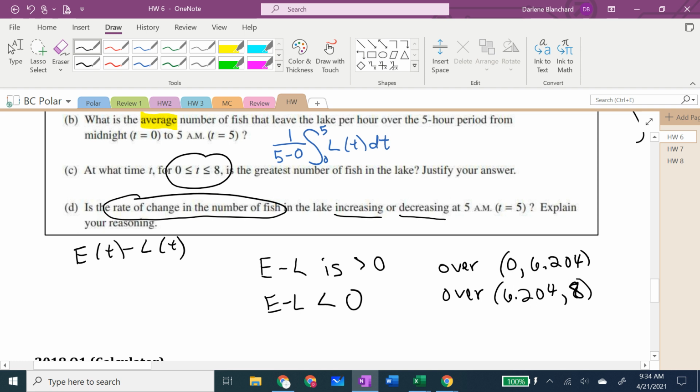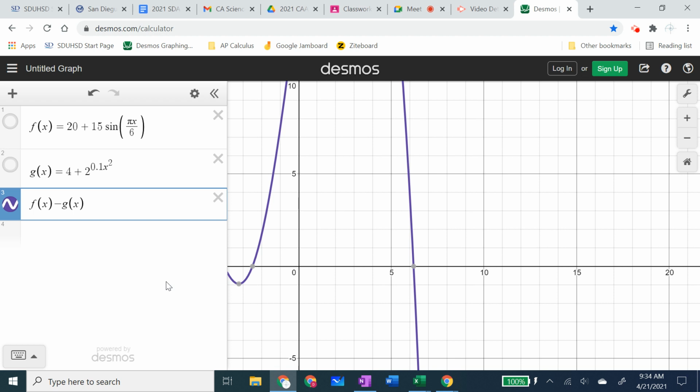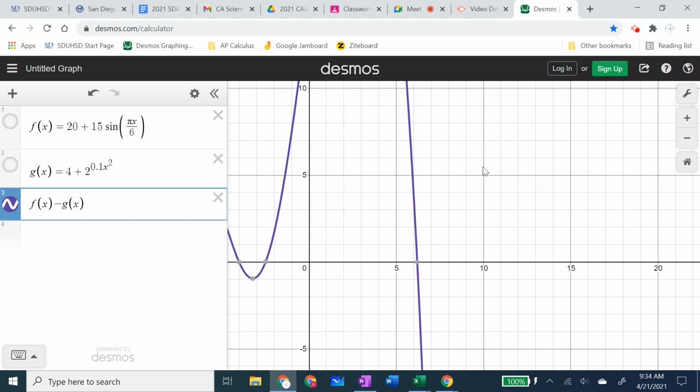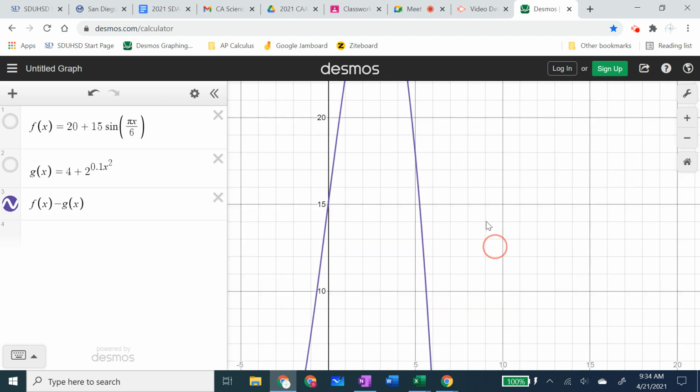Since you have a calculator, you just need to know, is the derivative of this function positive or negative? So if you go back to your graphing calculator and you look at that subtraction, and you look at t equals 5, can you see at t equals 5 it is decreasing? That this graph is heading down. From left to right, it is heading down.